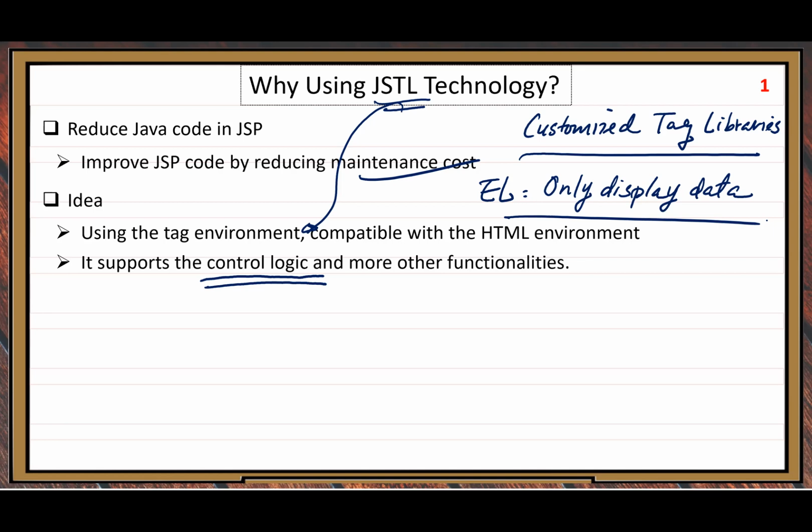But with this technology, you stay in the tag environment, but you can still do relatively simple dynamic content manipulation. If complicated, then you have to use Java code, for complicated processing tasks.